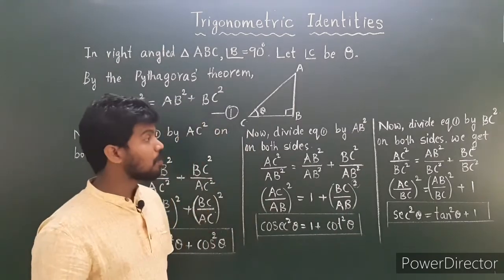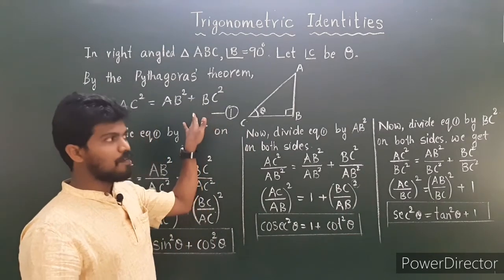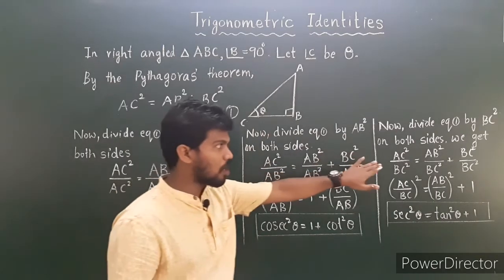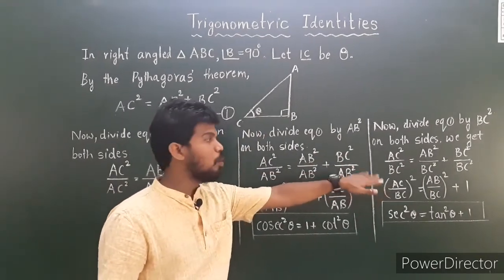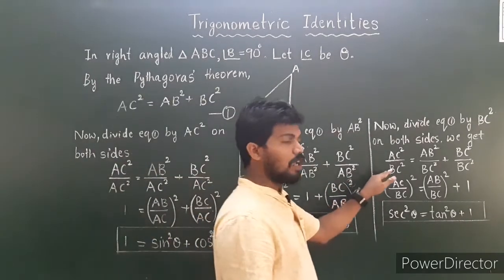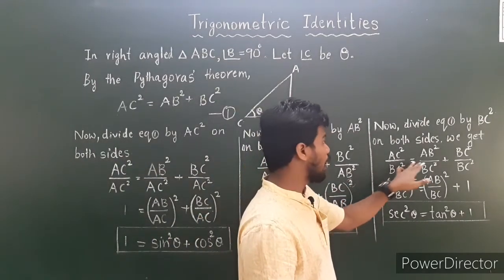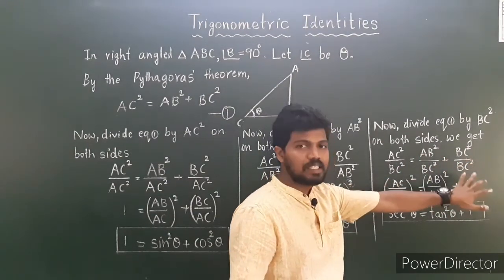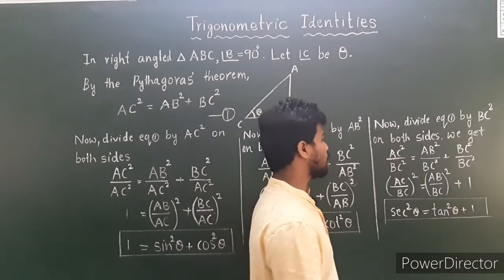Now divide the same equation 1 by BC square on both sides of the equation. We get AC square divided by BC square equals AB square divided by BC square plus BC square divided by BC square.